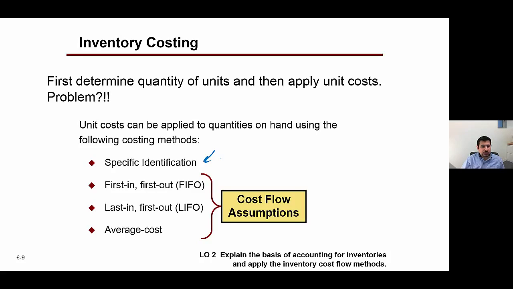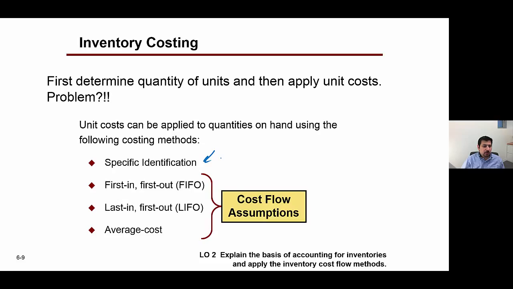If this information is not available, or in many cases it's not worth the trouble of tracking the exact cost, for example, let's say that you're selling pencils or erasers. You're not going to try and look up the serial number for each one of them. It's not that important. At that point, companies use cost flow assumptions.